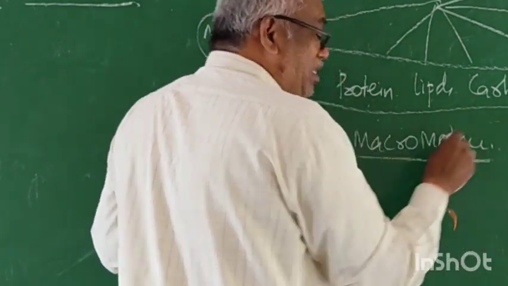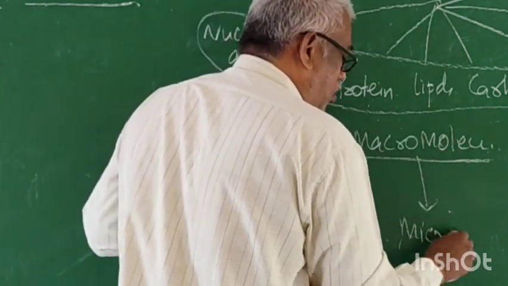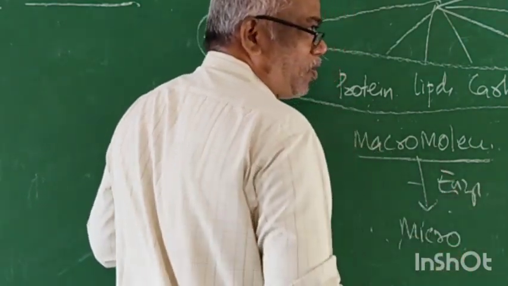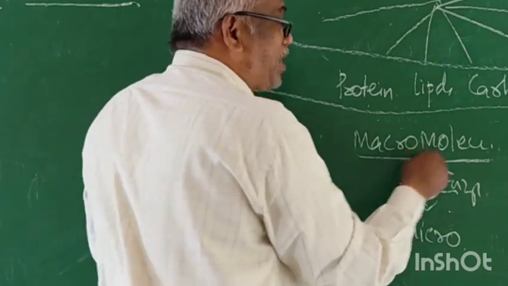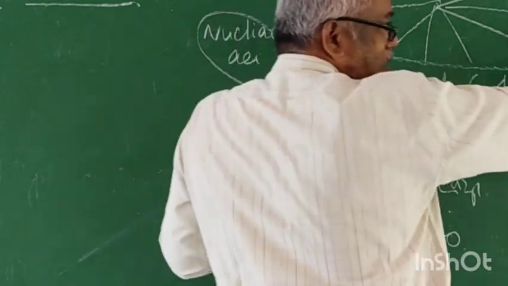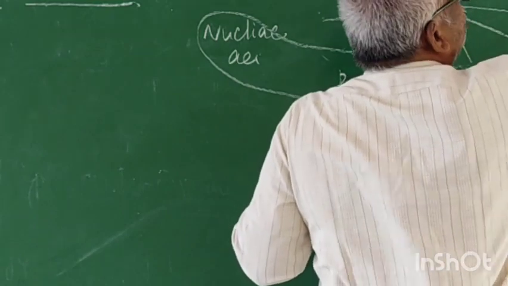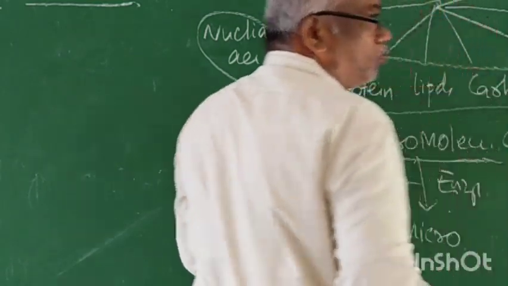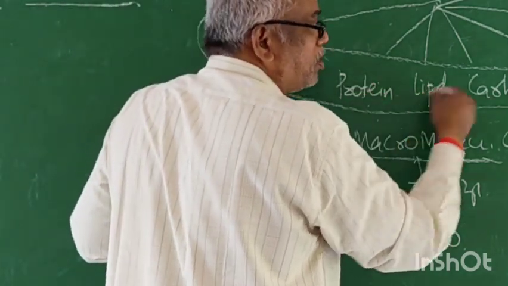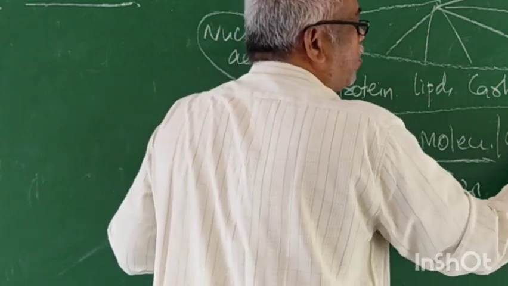These macromolecules break down into micro molecules by enzymes. This is the process of breakdown of complex or macro molecules. Water, minerals, and vitamins are micro, simple. Nucleic acid, protein, lipids, carbohydrates are macro, which is also called complex.